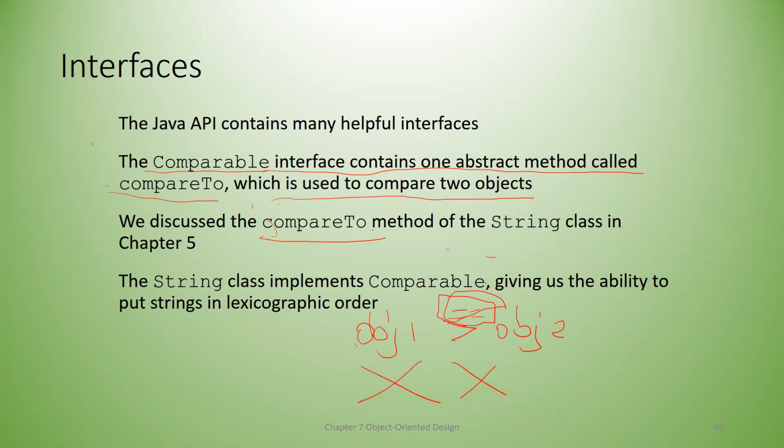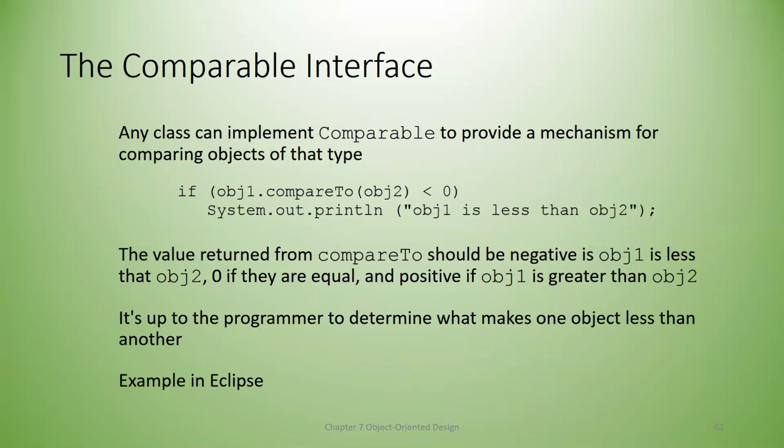Okay. So the string class implements comparable, giving us the ability to put strings in lexicographic order. So this is how you use compareTo. Object 1 dot compareTo object 2. So this compareTo method returns an int, a number. If this object is greater than this one, this will return a positive number.